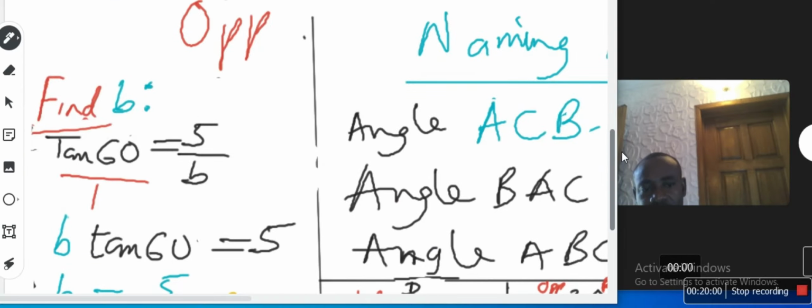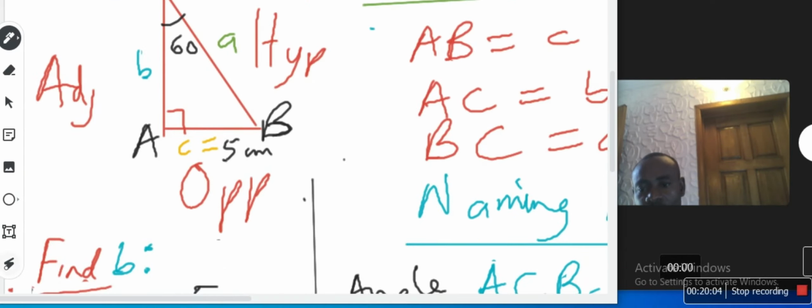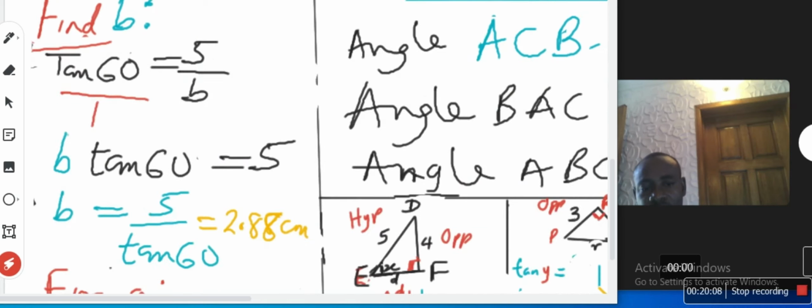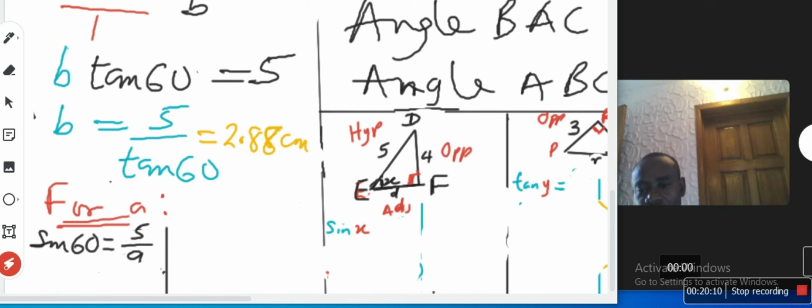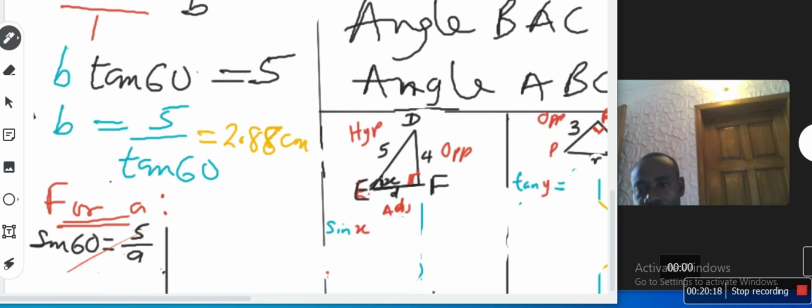All right, sine 60, opposite over hypotenuse, is 5 over a. So how do we get a? Cross multiply again. This time it's okay. Sorry, let me just write it down.